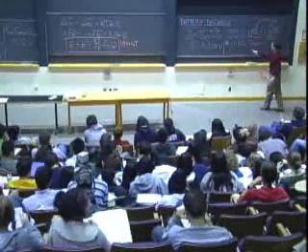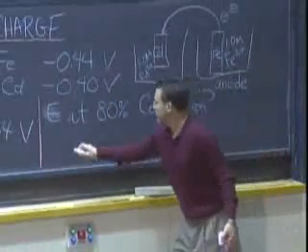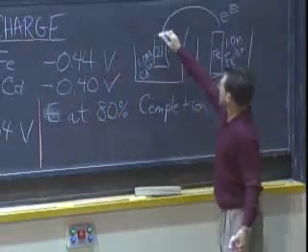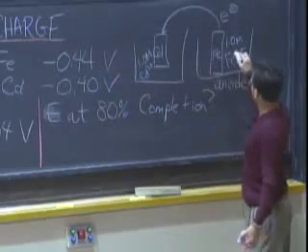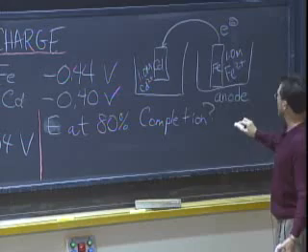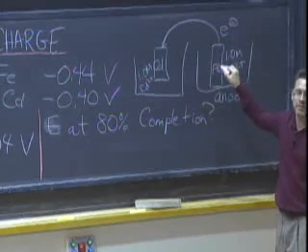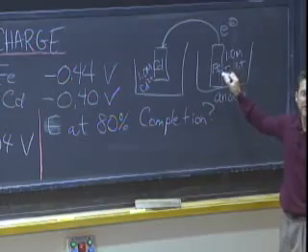Okay, so at 80% completion, we're producing iron 2+ ions in solution as the electrons flow through the external circuit, because the piece of iron metal is the anode.